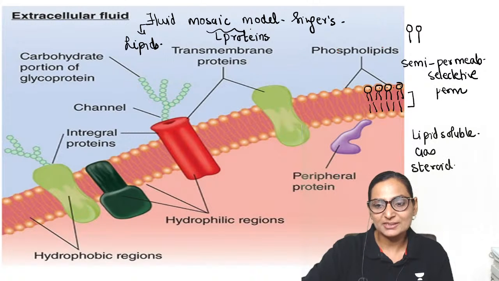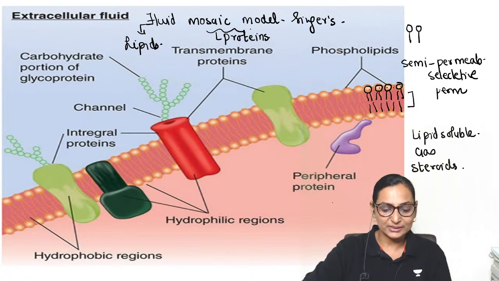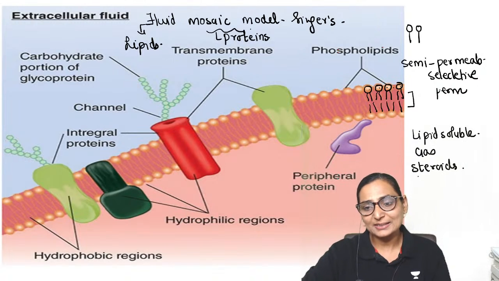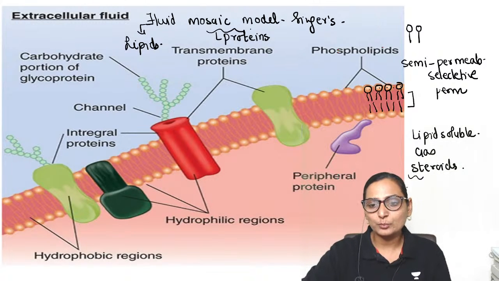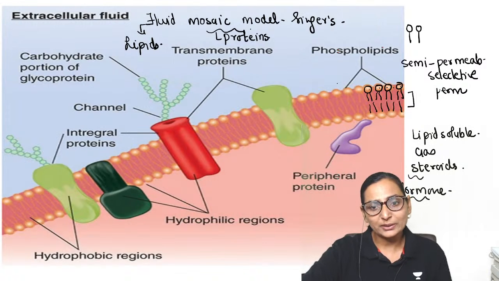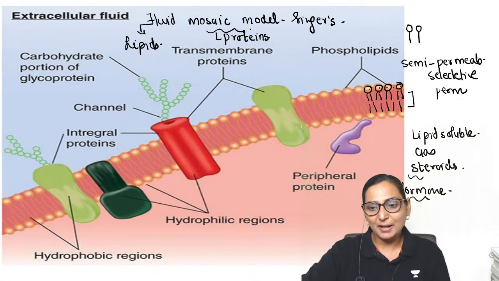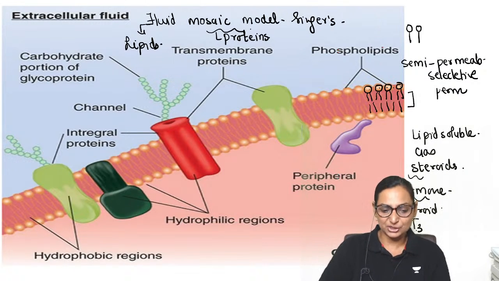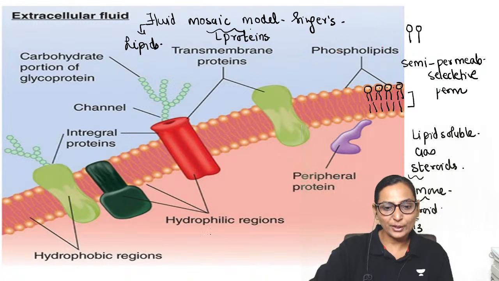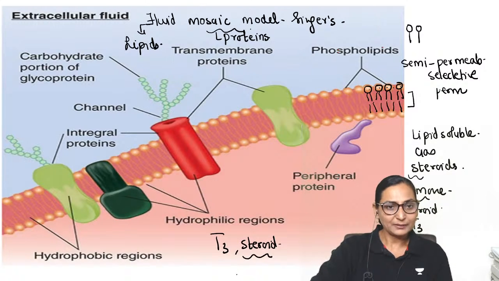When I speak of steroids, I can also be asked a question related to hormones. Which hormone can easily pass through the cell membrane? Only your steroid hormones, which are lipid soluble, and T3, which is lipid soluble, can easily pass through the cell membrane.